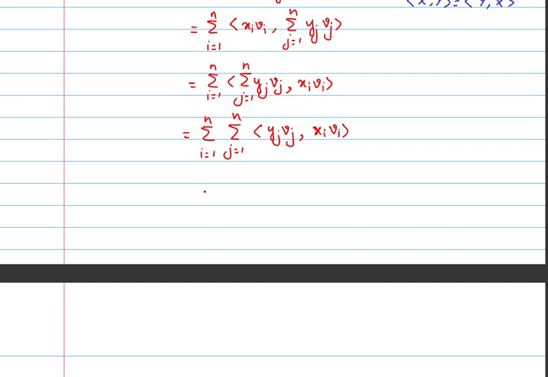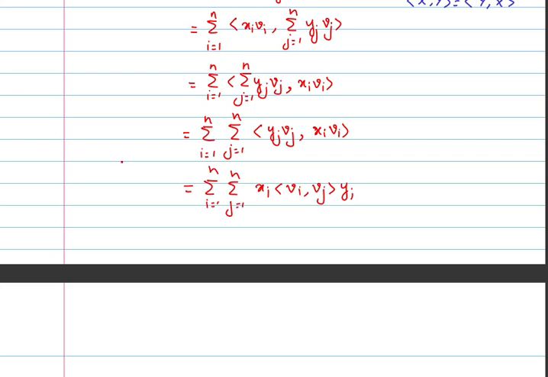Using the homogeneity property, you can write it directly as summation i equal to 1 to n, summation j equal to 1 to n of xi vi comma vj times yj. Here I am using the symmetric property, so we can interchange. Then by the homogeneity property I take xi out, and similarly I take yj out.